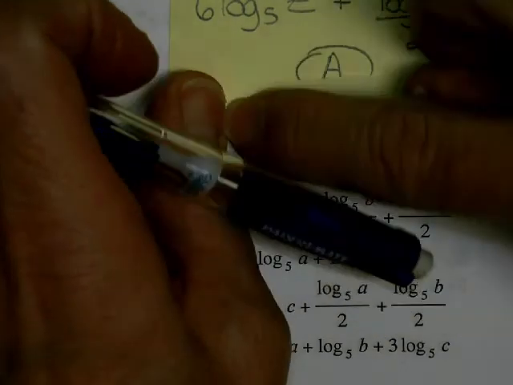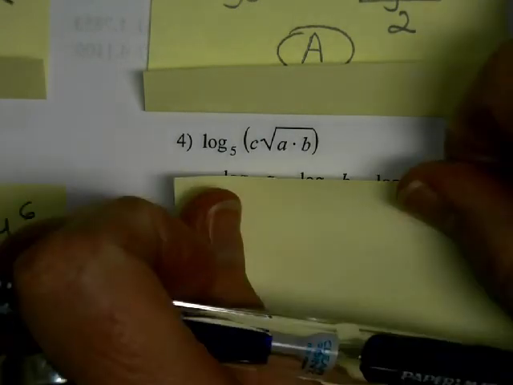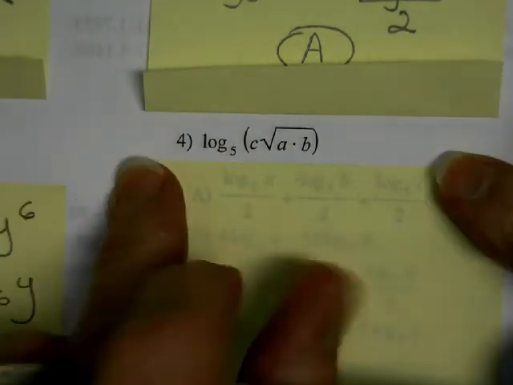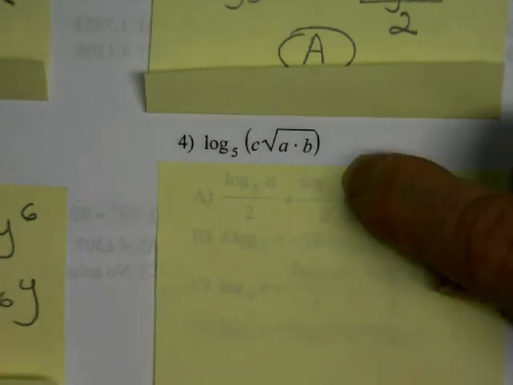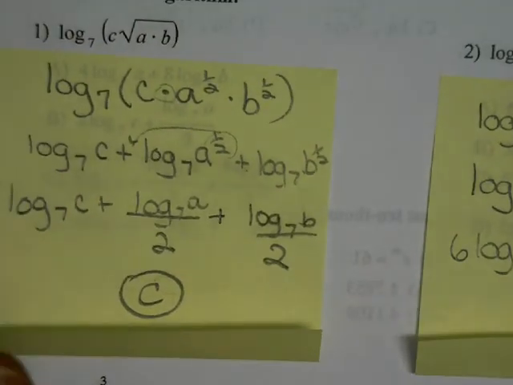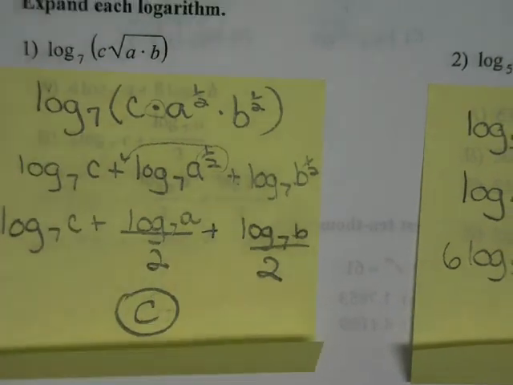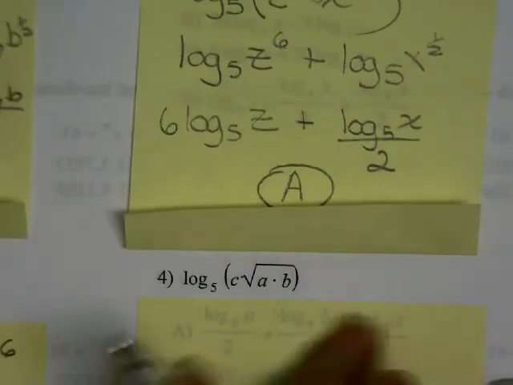Okay. Last one for the expansion. I don't have a preference. I can expand or condense, and you might have a preference at the beginning, but pretty soon, hopefully, you'll be proficient in all of it. Now, let's use what we have. Number 4 looks just like number 1 with a different log.